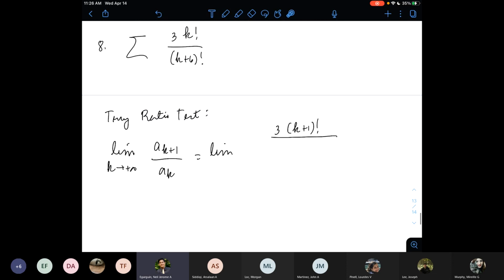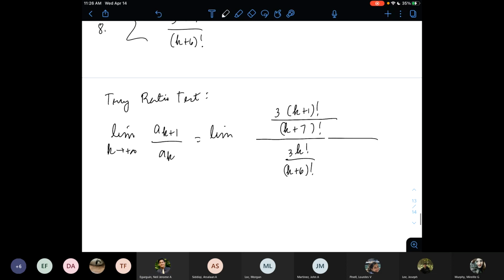So the denominator would be k plus 7 factorial, all over 3k factorial all over k plus 6 factorial. Yeah, sure, John. I'll just finish this ratio test and then go to the alternating series test. I guess Herson has some questions that we can work on for that.